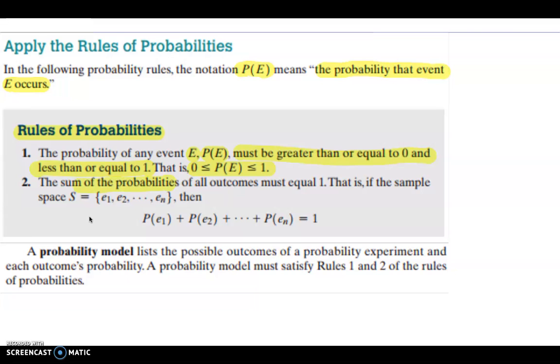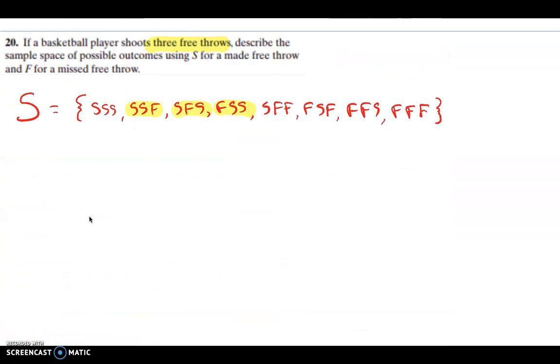Now, if you take the sum of the probabilities of all the outcomes, those must add up to 1. That is, if the sample space S is E1, E2, all the way up to En, then the probability of the first event plus the probability of the second plus the probability until you get to the end must add up to 1. Like up here are all of our outcomes, and the sum of all those probabilities should add up to 1.